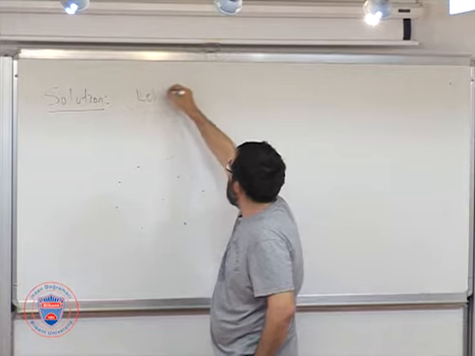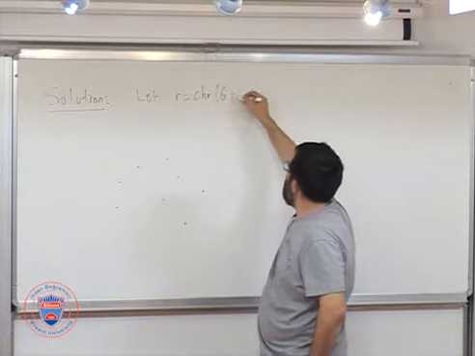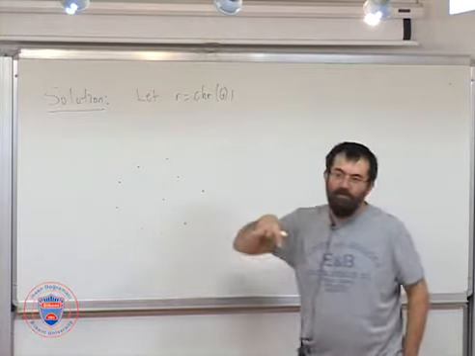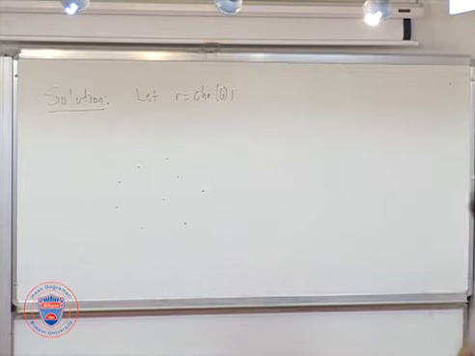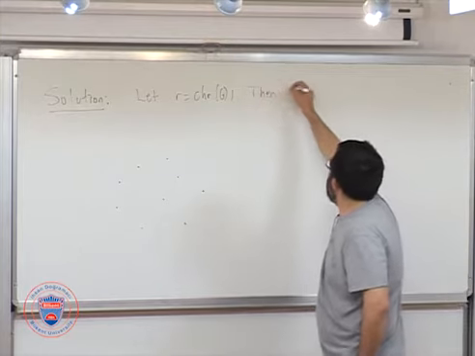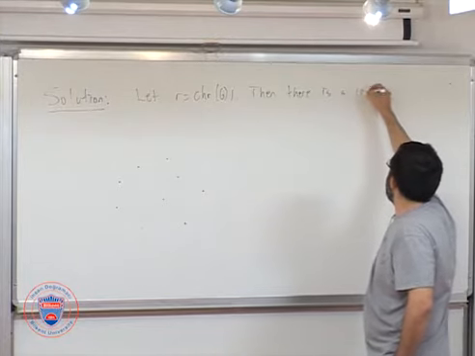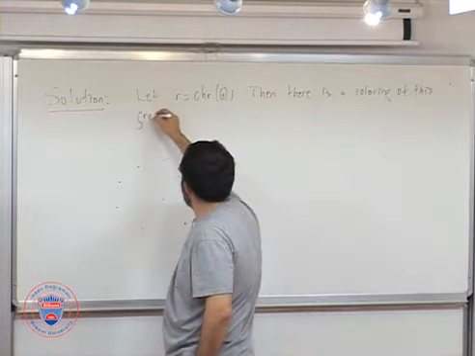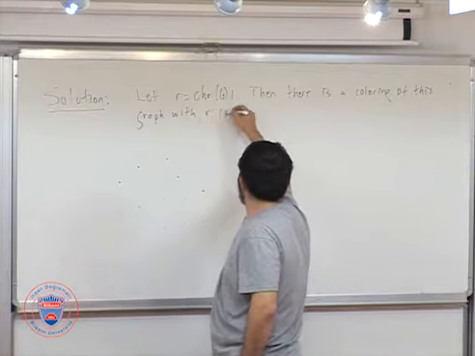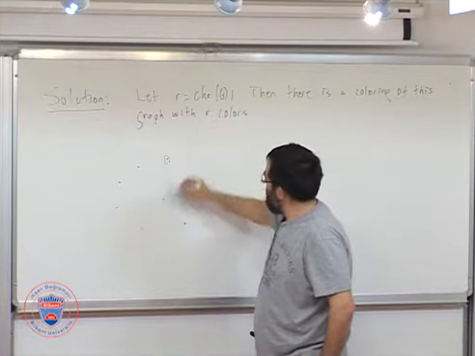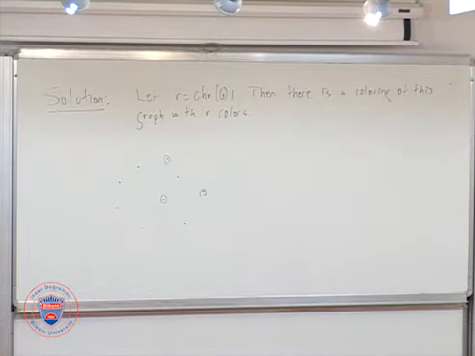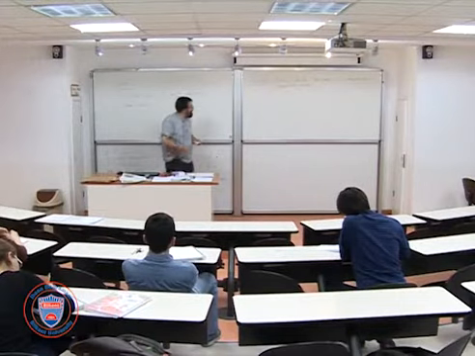So if the chromatic number is, say, R, that means there is some coloring of this graph using R colors, okay? But R colors means when you use those colors, say the black ones, the red ones and the green ones, you cannot have edges between same color ones, right?